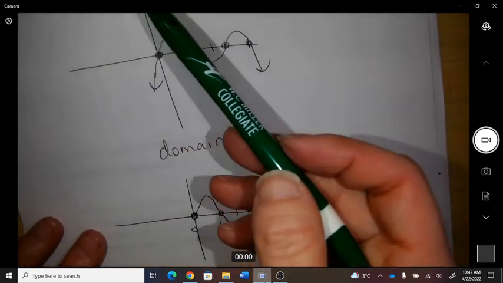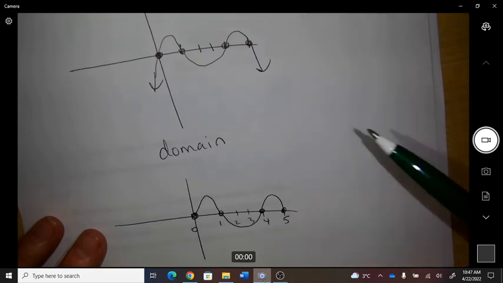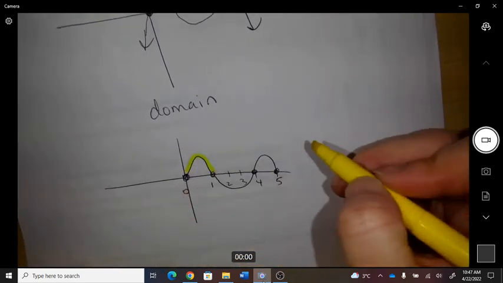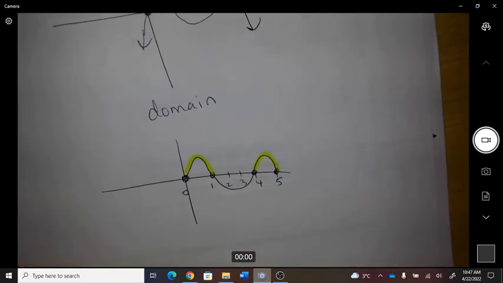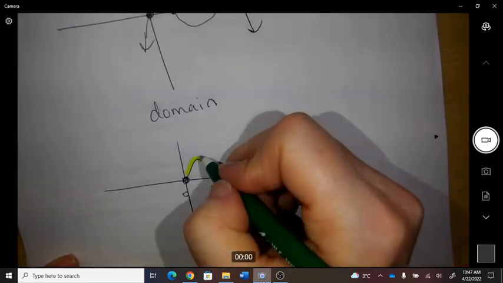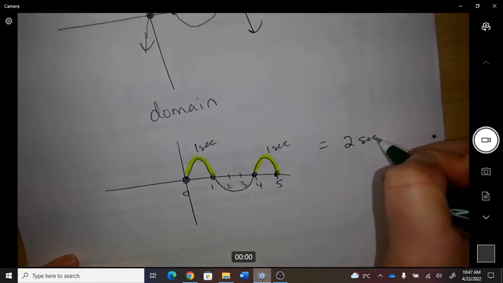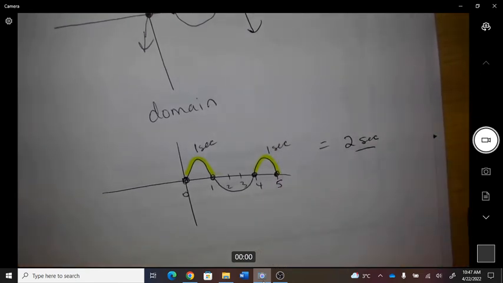State from the graph the total number of seconds the fish is above the water. So the fish is above the water here and here. So this is 1 second and this is 1 second, so that would be 2 seconds that the fish is above the water.